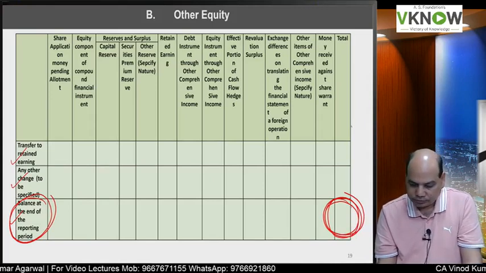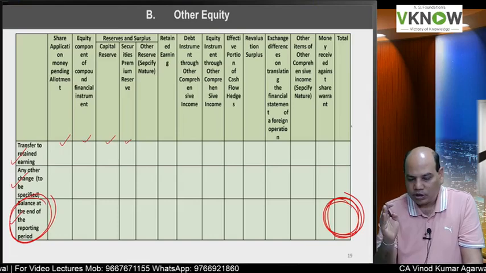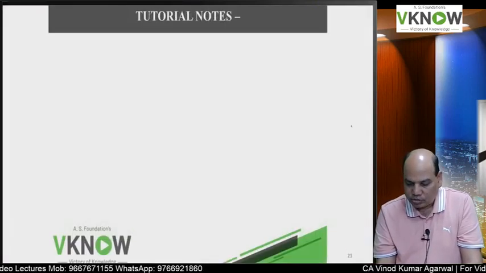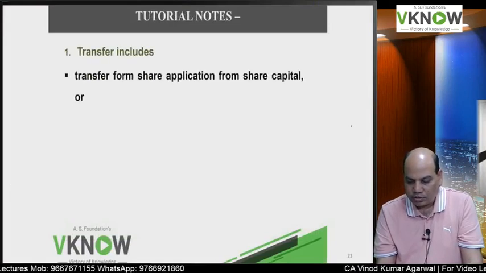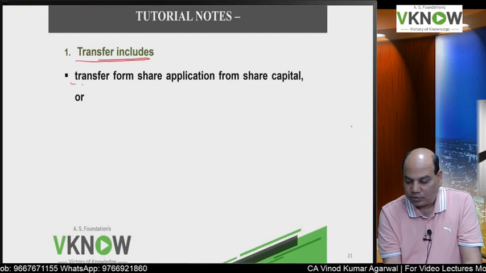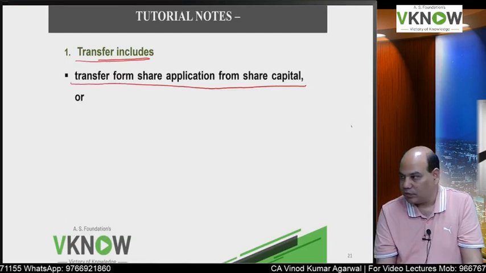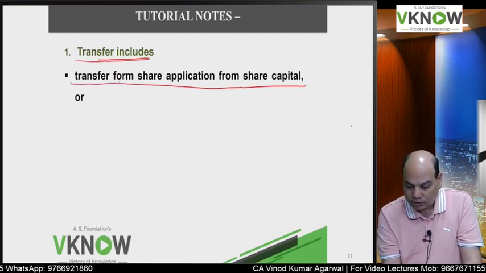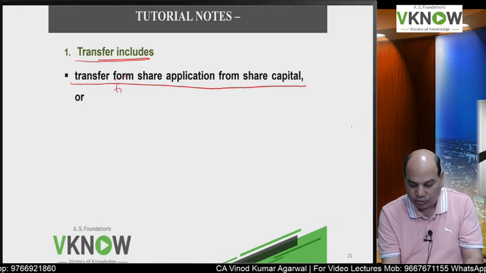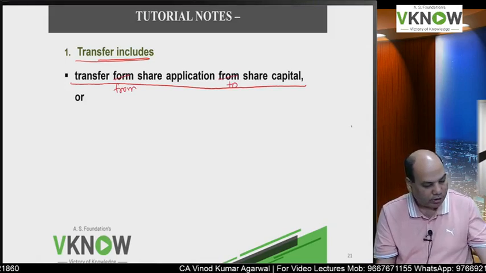Is it right? Right now I am not discussing individual items. They will come in the respective standards also. Okay? Because you will not understand right now. What do you mean by transfer? Transfer means transfer from share application account to share capital account. Is it right? Just make a correction here. Transfer from, make it from share application to share capital.